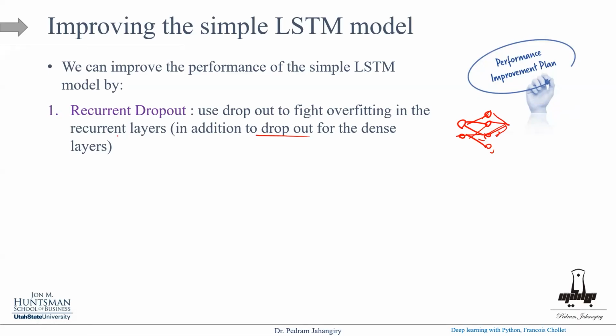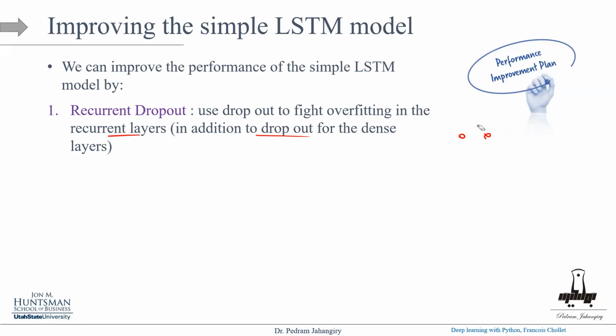For recurrent layers, you don't want to do it randomly. You want to make sure that the randomization is the same for all the time steps. For example, if you're turning step 1 and step 5 off, you need to make sure that in all the recurrent ones, step 1 and 5 are off. Otherwise, you're shuffling the time series. Does that make sense? So this is what recurrent dropout is doing.